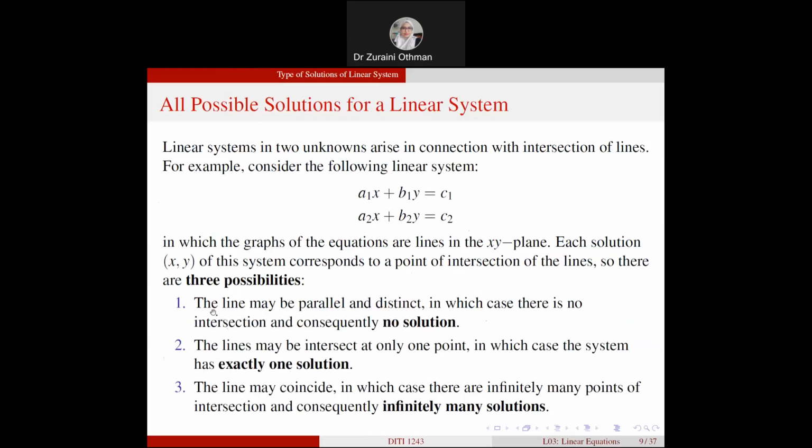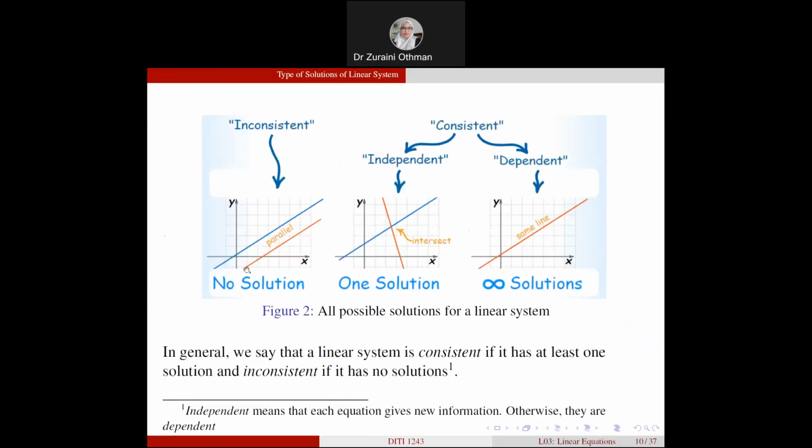To figure out these three possibilities, the first one we call inconsistent because it has no solution. The two lines involved in this linear system are parallel. That's why it has no solution.